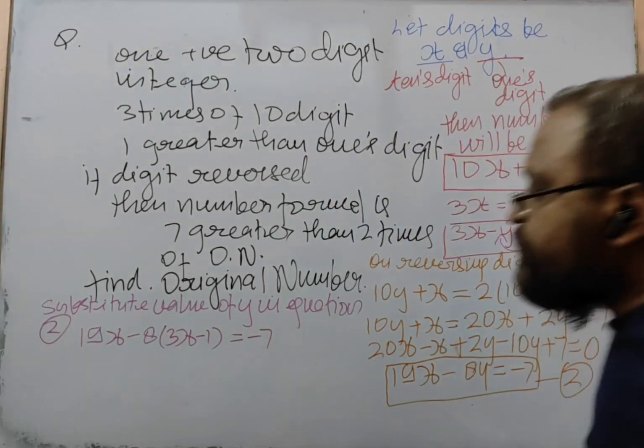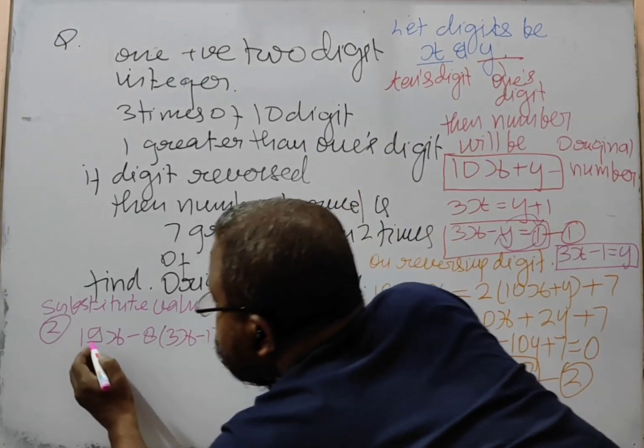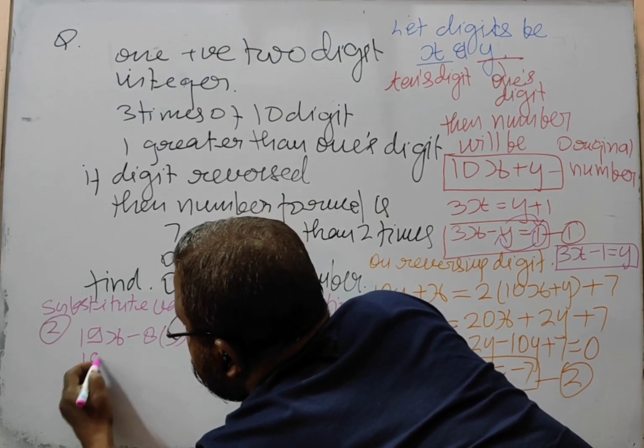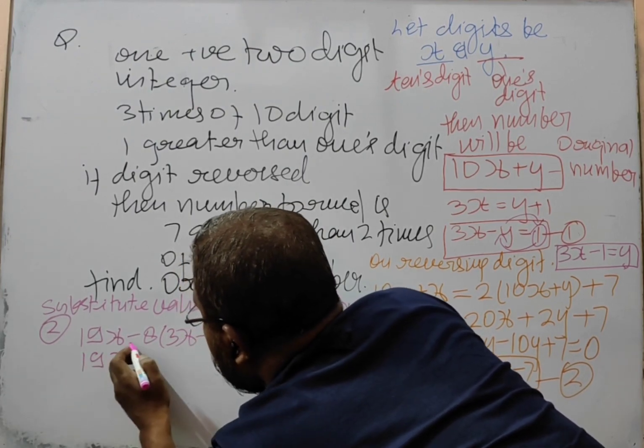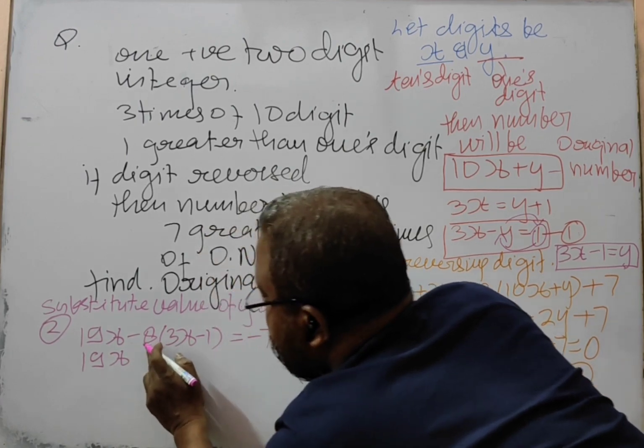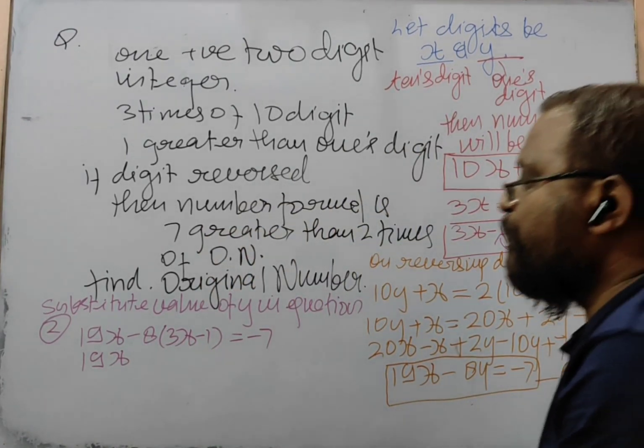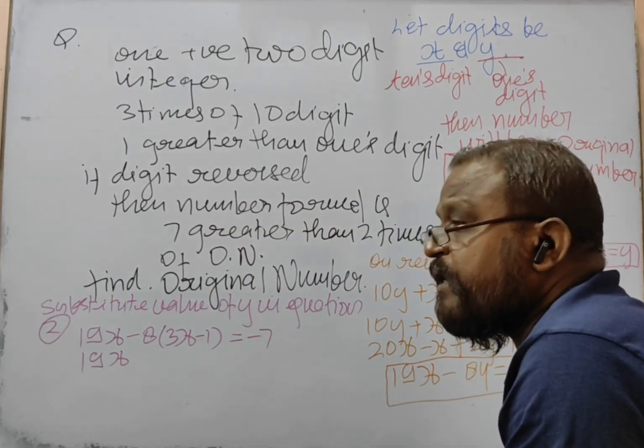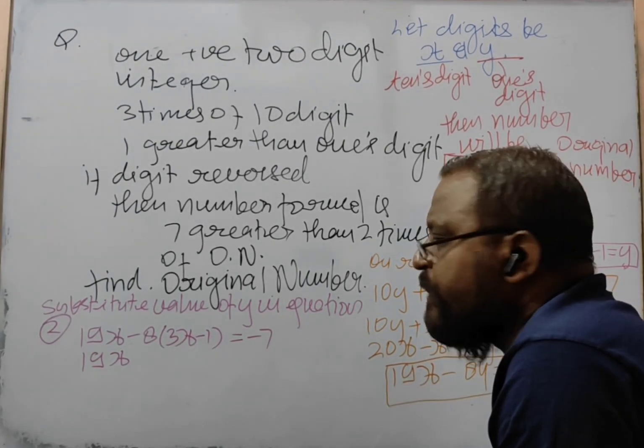So what happens? This is 19x, and this 8 is multiplied by 3, 8 times 3 is 24.